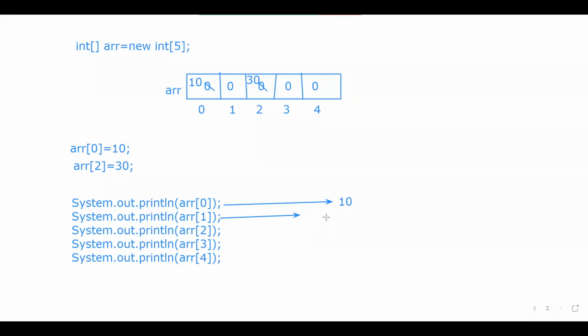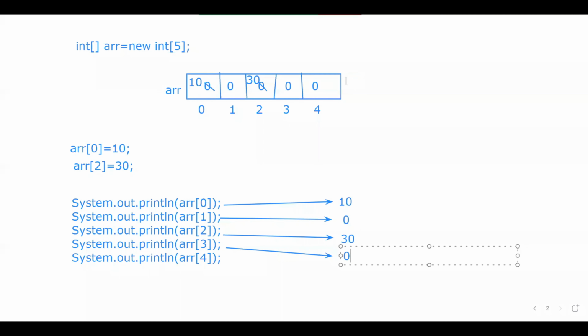Next, when it comes to this one, I'm writing ARR of 1. ARR of 1, what is the value present? 0. It will print 0. Similarly, it will go to the next line. Here it is ARR of 2. ARR of 2 is nothing but 30, which I have written here. And for this one, ARR of 3 is nothing but 0, means a 0 will be printed here.